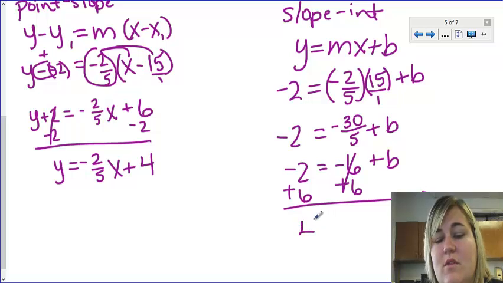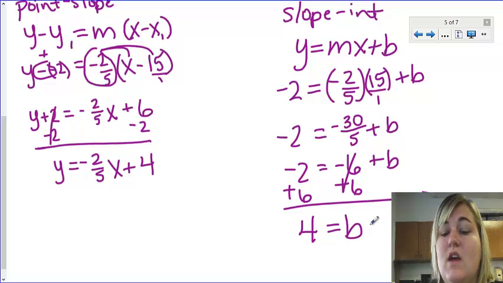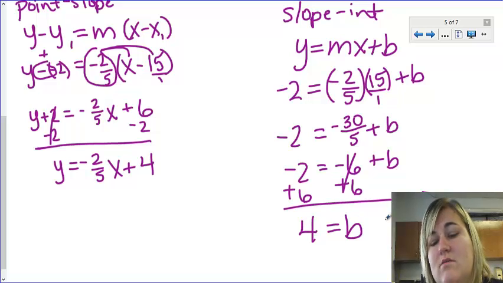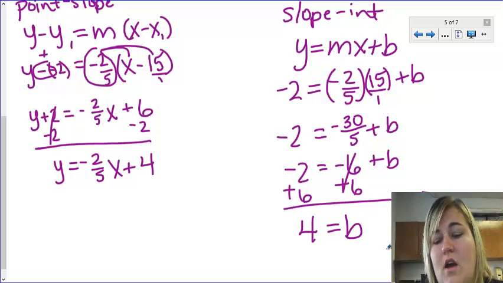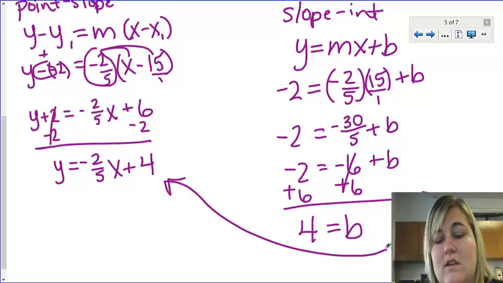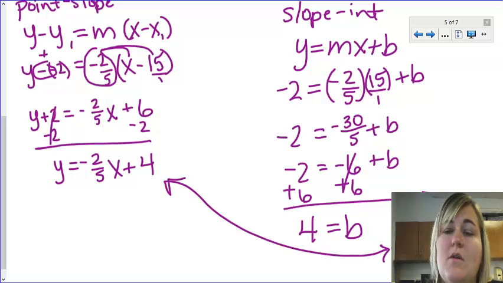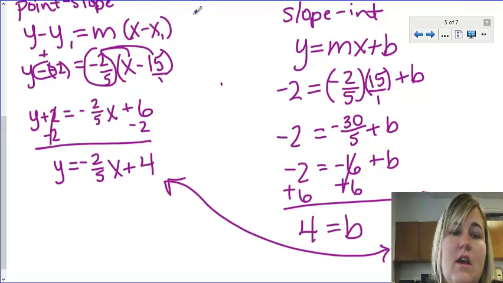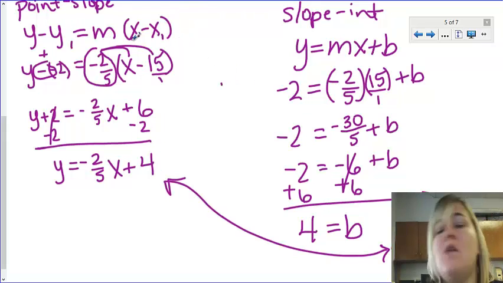Those cancel. I'm left with 4 equals b. So my formula is y equals my slope, -2/5, then an x plus my b, which is 4. Notice these are the exact same. It doesn't matter which way you do it, they will both work. I do, however, want you to be comfortable with point slope, because that will be something that you'll see on your EOC.